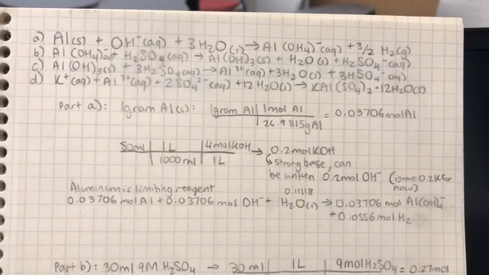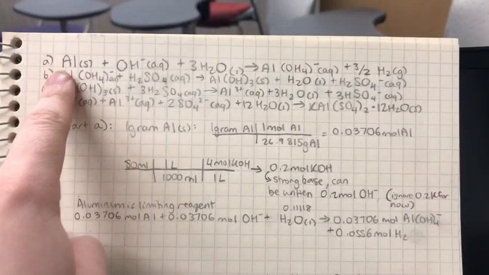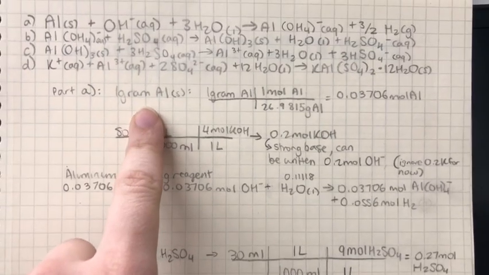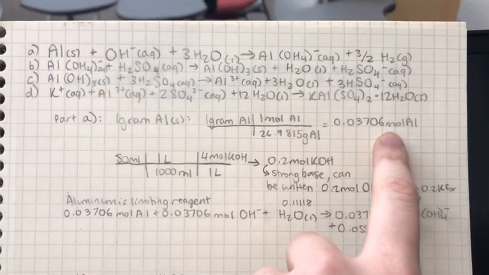So how much alum did we expect to create, and how much alum did we actually create? We can start by calculating the theoretical yield for this experiment. In part A, which is the first reaction involved in creating the alum, we know that we started with 1 gram of solid aluminum, which is 0.037 moles of aluminum.